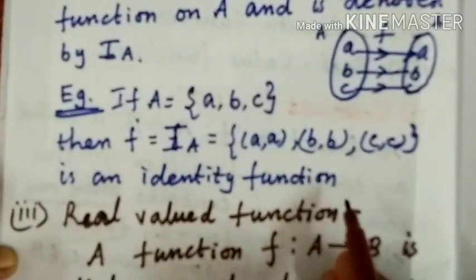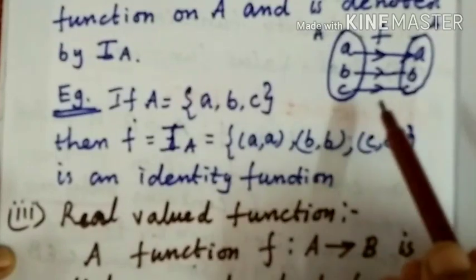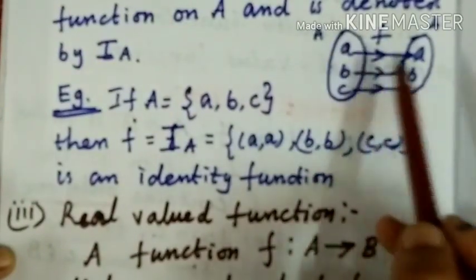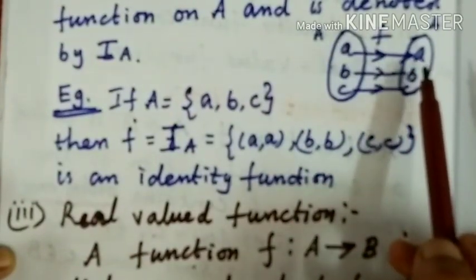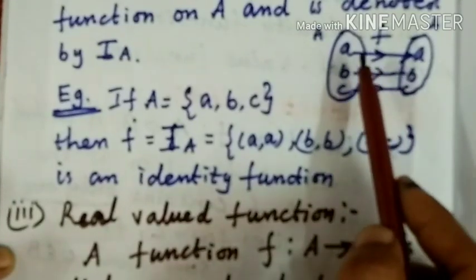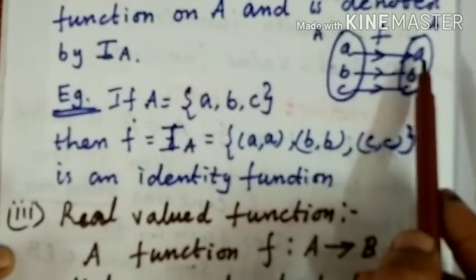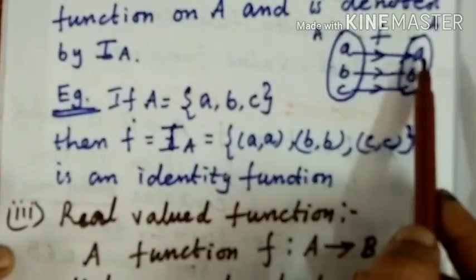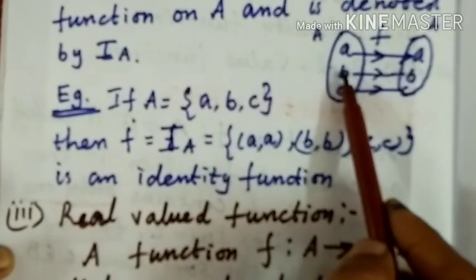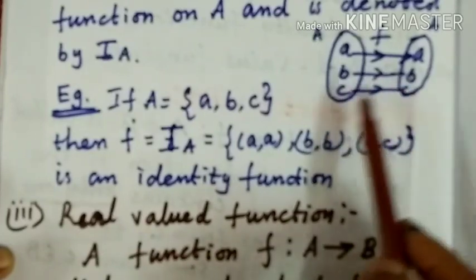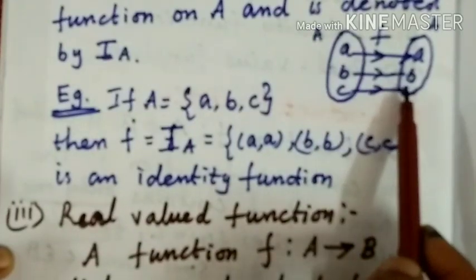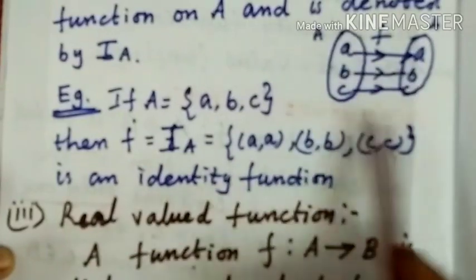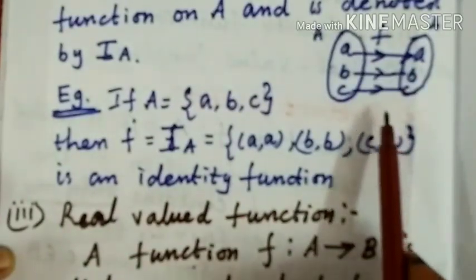In an identity function, see this arrow diagram. Every element has a unique image, hence it is a function. Then each element has the same image, which is the input as the output. See, b has image b, c also has image c. So therefore this is an identity function.